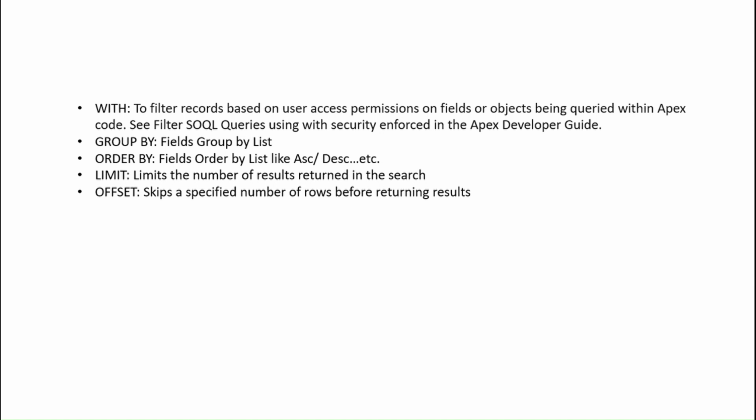And limit I have already explained in that scenario, right? Real time explanation: by using limit we fetch only some number of records, like how many records we need, 10 records or 20 records, also 50 records. So limit means it limits the number of results returned in the search, right? And then offset means it skips a specified number of rows before returning results.